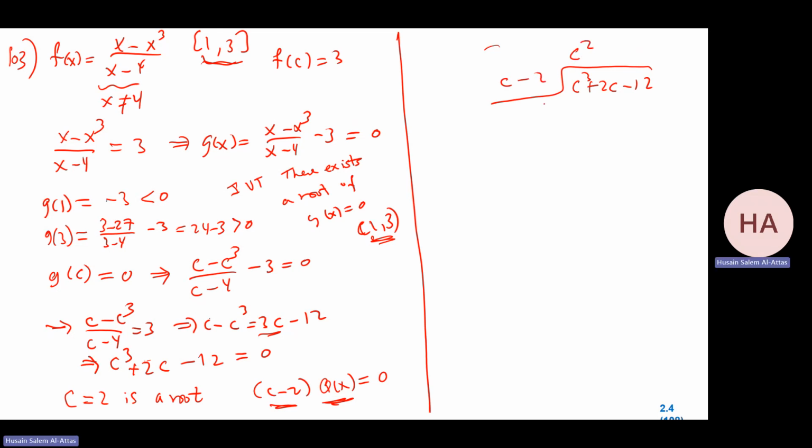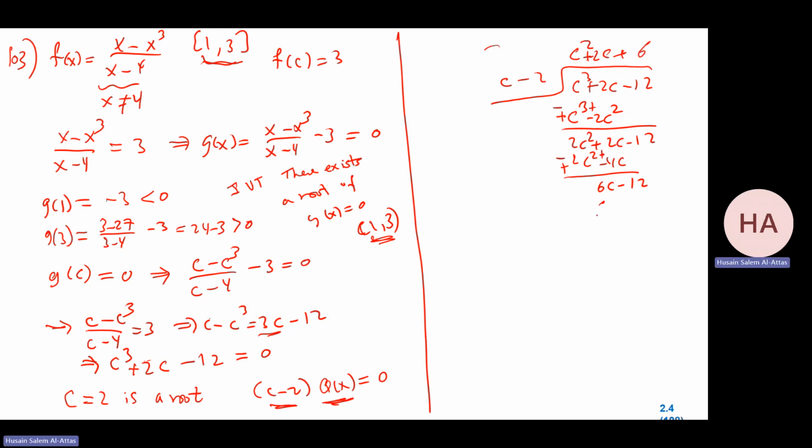c squared multiplied gives c cubed minus 2c squared. Change sign. So 2c squared plus 2c minus 12. Divide again. Plus 2c, which is 2c squared minus 4c, plus, minus, this is plus 6c minus 12. So it will be plus 6, not 2.